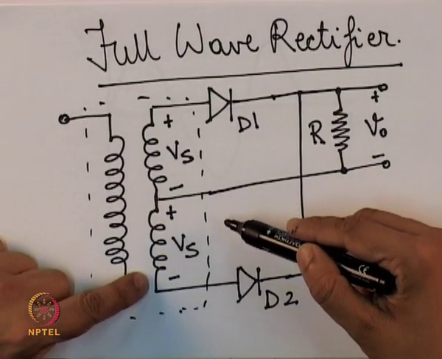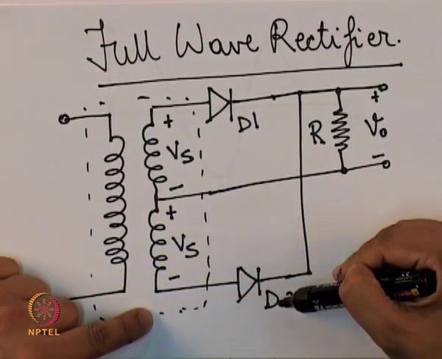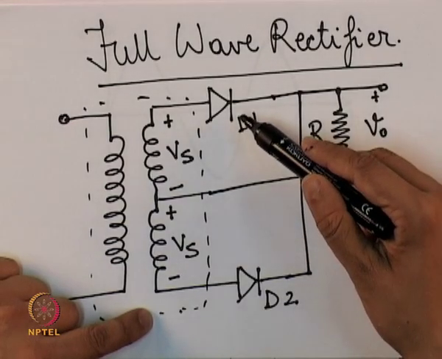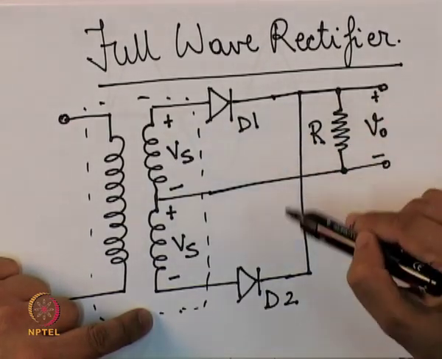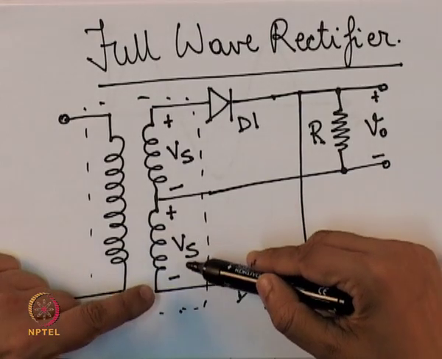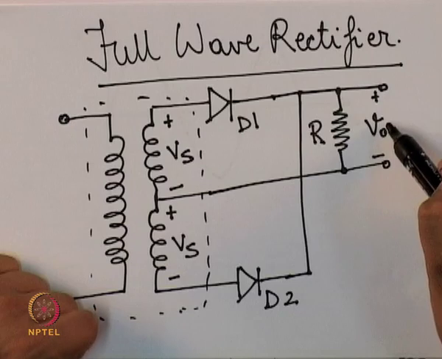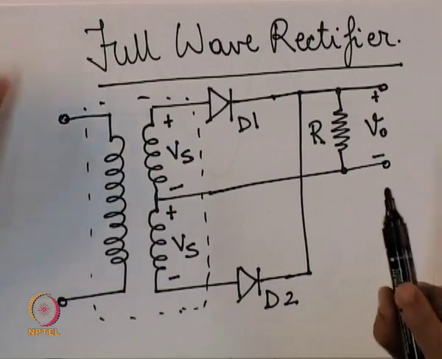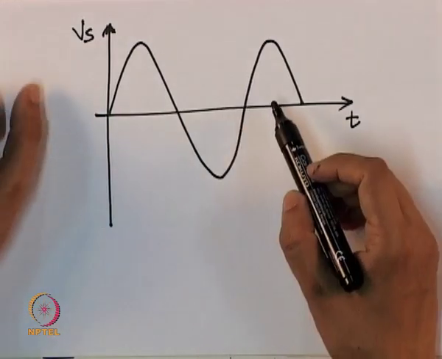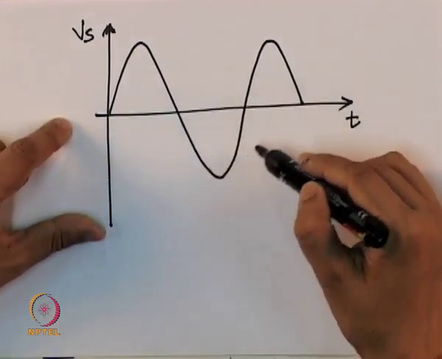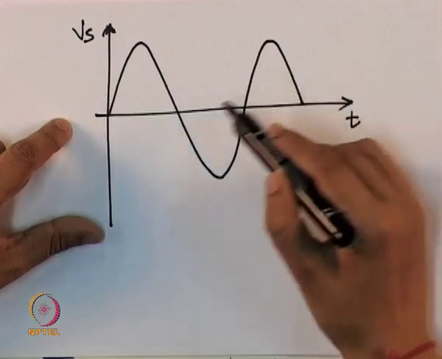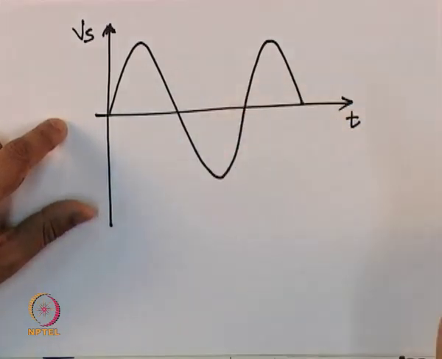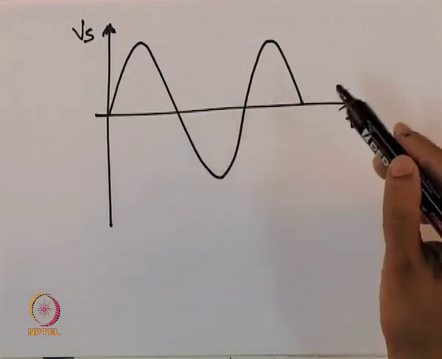In the negative half cycle, D2 will be forward biased, D1 is reverse biased. Therefore, in the negative half cycle also we will have Vs appearing across the voltage V0. So, now ideally if our diodes were ideal, then our output would simply reflect the input.